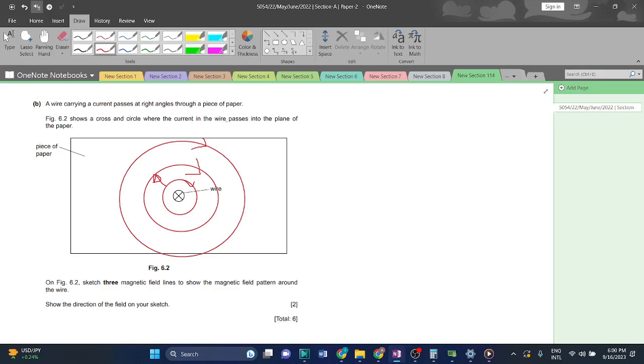The strength is reducing, therefore the lines will have more distance between them. So yeah, three things you have to keep in mind.